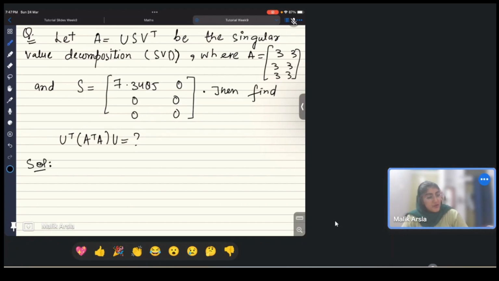Okay, we know that U transpose A, sorry, it's not A transpose A, it is A into A transpose, yeah.